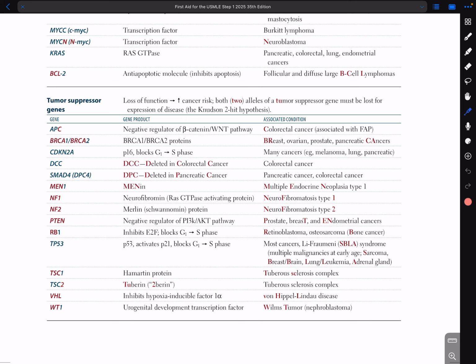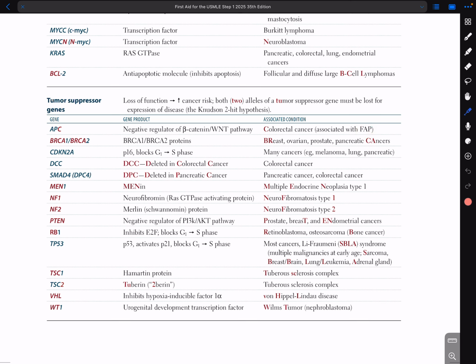It's easier to remember: APC went down the colorectal pathway to cause cancer, associated with familial adenomatous polyposis.